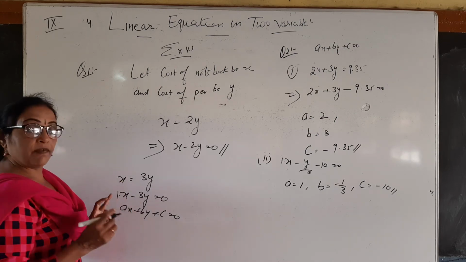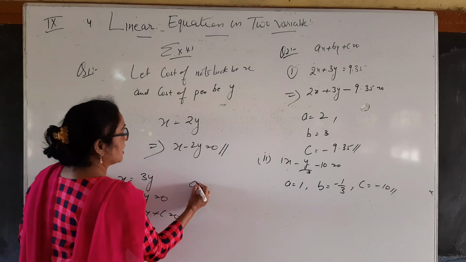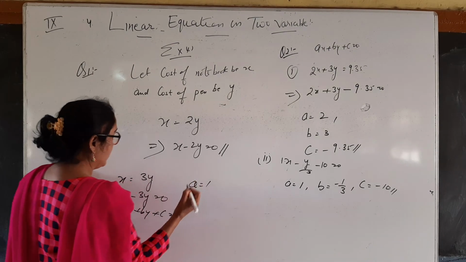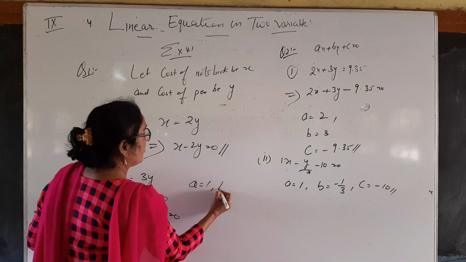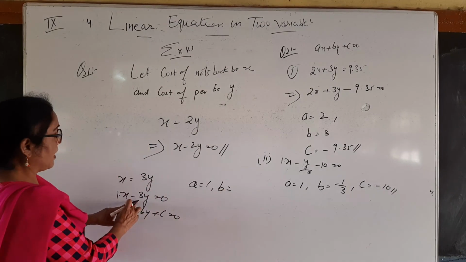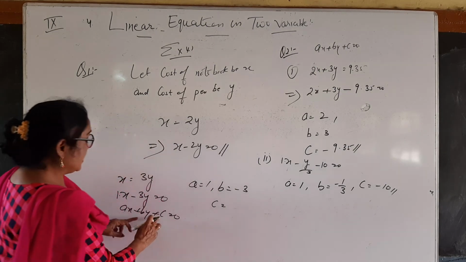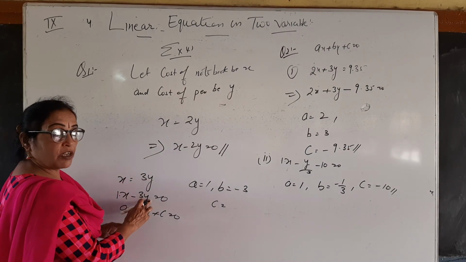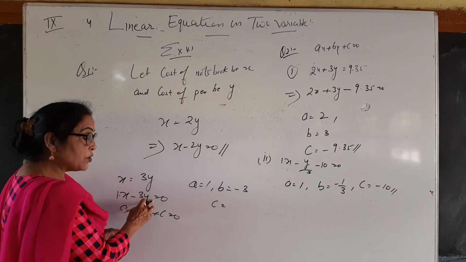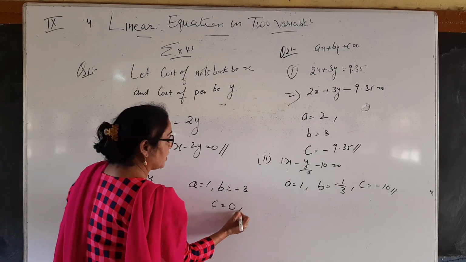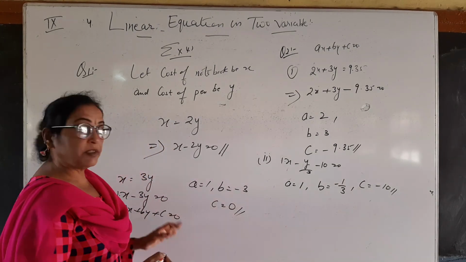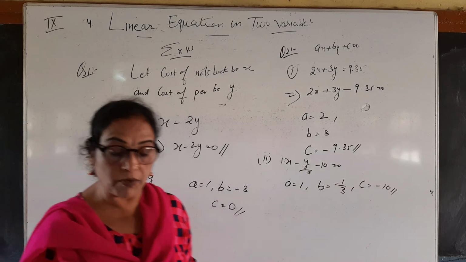If the coefficient is not written, 1 is the coefficient. So a is 1, b is minus 3, and the constant term is not given here, so c will be 0. If the constant term is not given, then it will be 0.